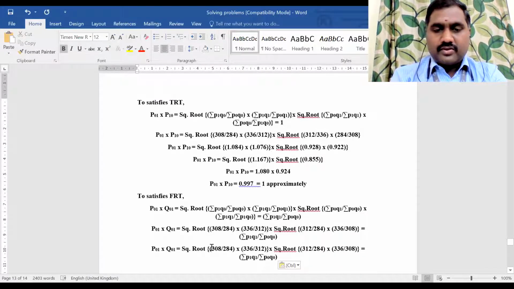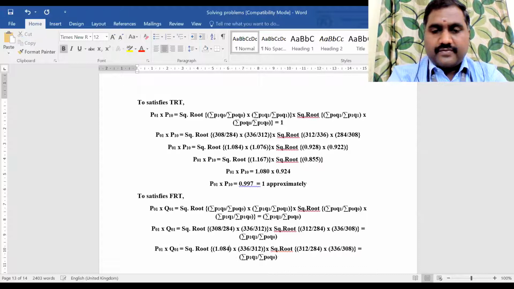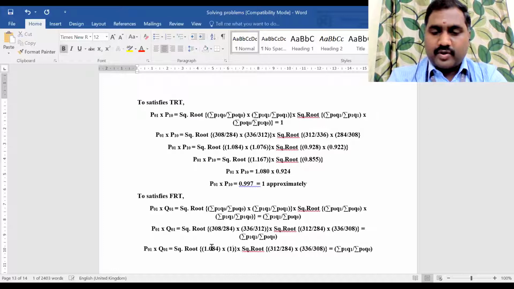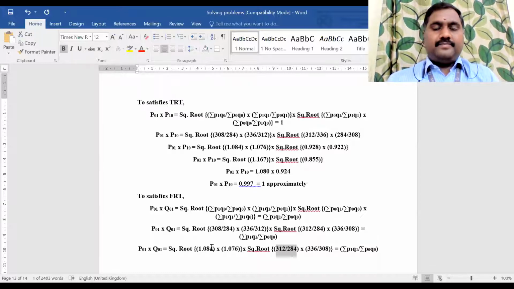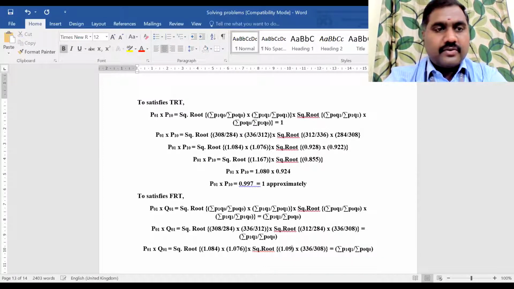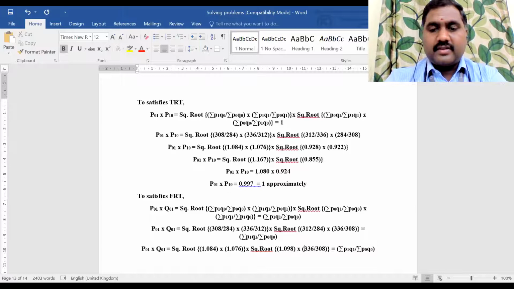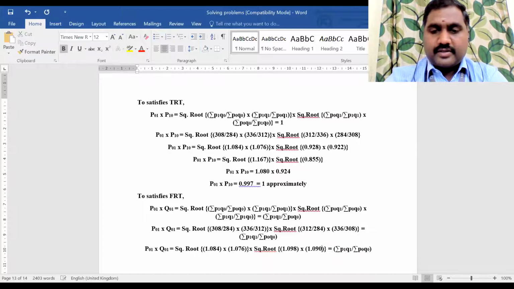So 308 divided by 284 is 1.084, and 336 divided by 312 will be 1.076. And what is the value of 312 divided by 284? Anyone? 312 divided by 284 is 1.098. Okay, 336 divided by 308 is 1.090.